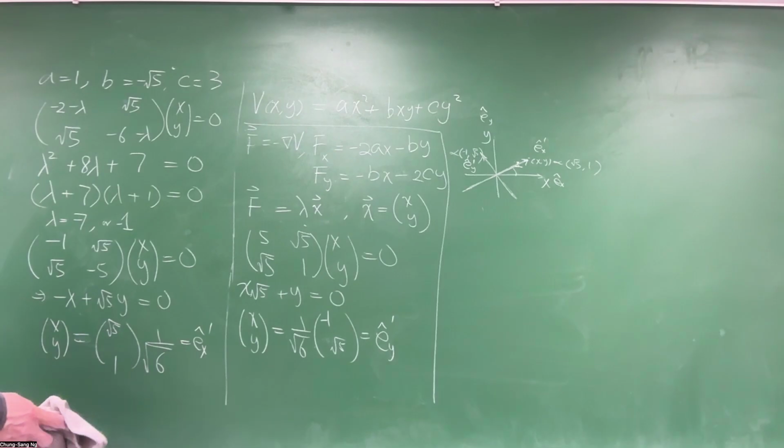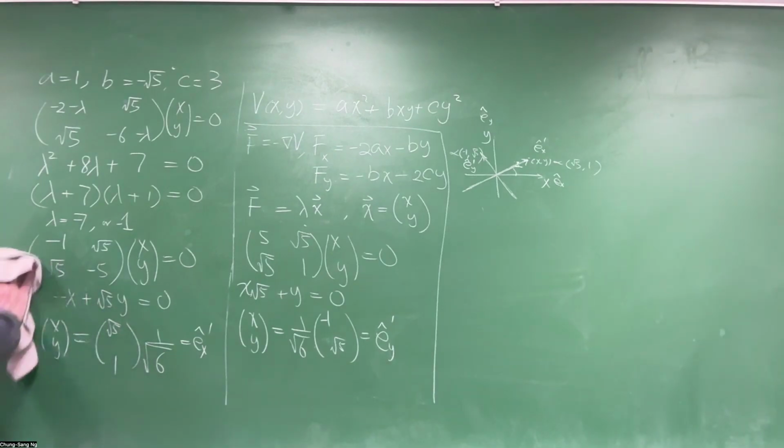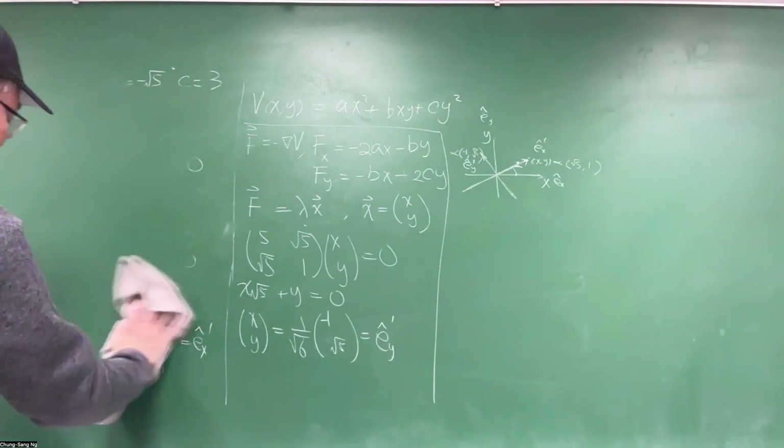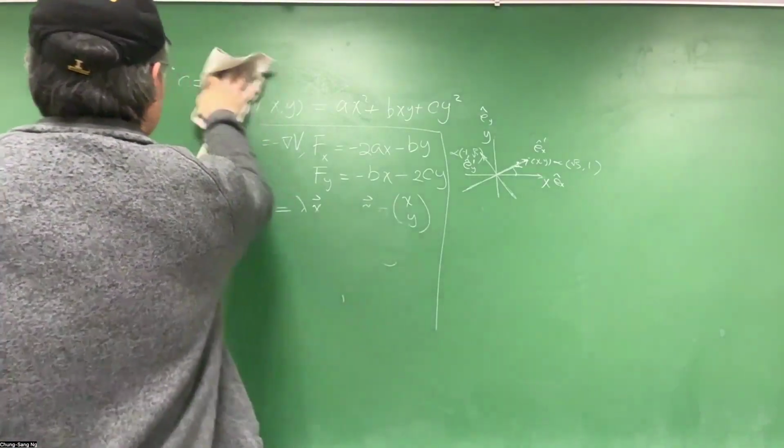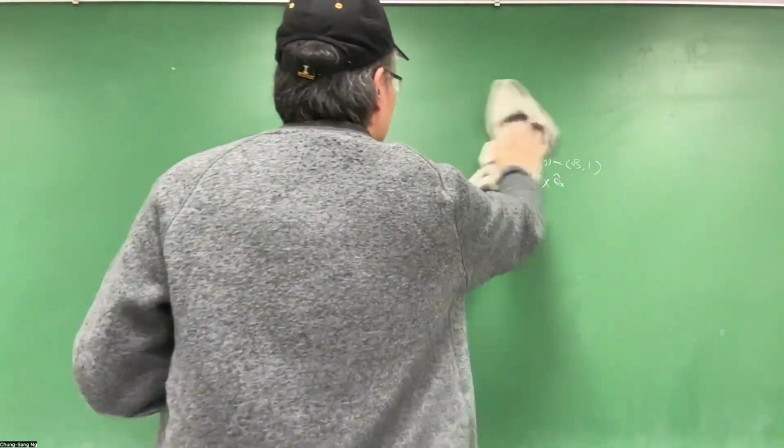But we can move on to a slightly more complicated problem. Now move on with this 3 by 3 matrix. This is like an abstract problem.